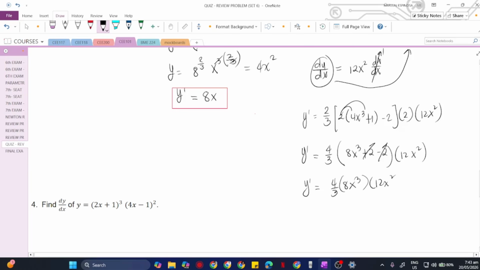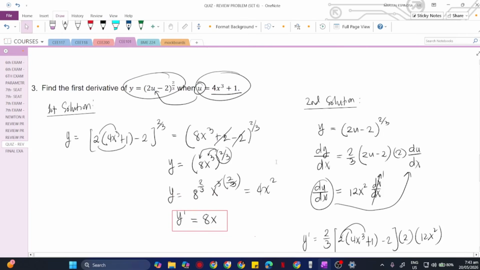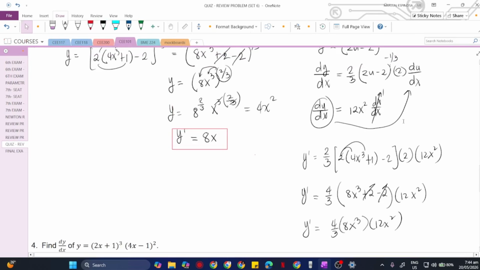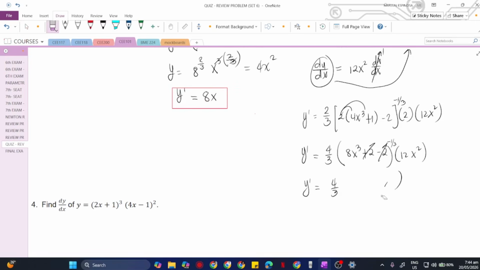So y prime will be equivalent to 4 thirds 8x cubed, plus 12x squared. I think I made a mistake, class, because I forgot to subtract 1 here from 2 thirds. 2 thirds minus 1 is simply negative 1 third. So this part is negative 1 third, times 12x squared.